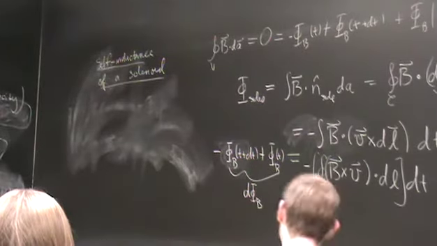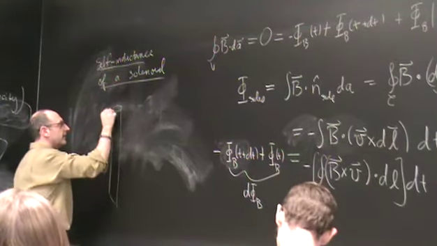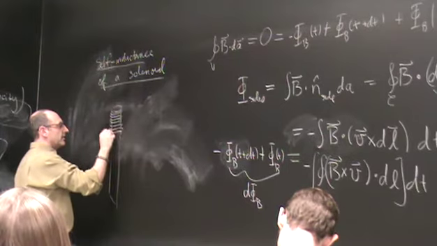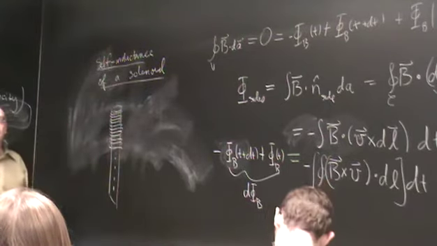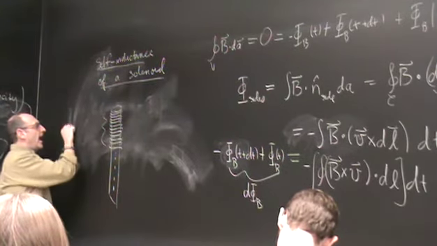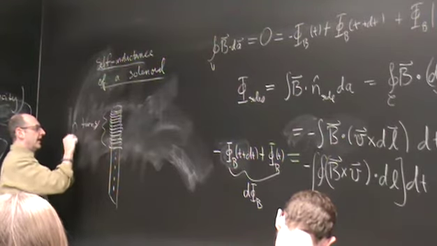So let's say I have a solenoid, a very long cylinder, it's got all these loops. And it's got n turns per unit length.